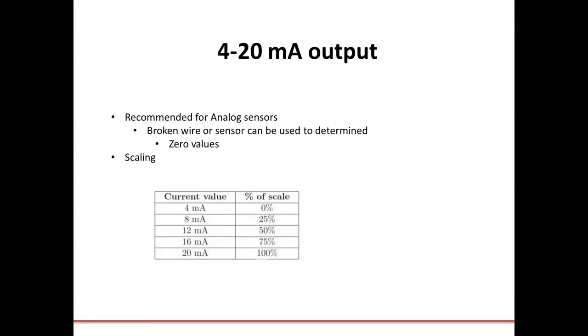As for scaling, it's a little bit more difficult because 4 milliamps would then be equal to 0%, and 20 milliamps would be equal to your full scale or 100% range of your sensor. But if the sensor put out a 0 value, you could detect a broken wire or an error or something wrong with your system and trigger an alarm.